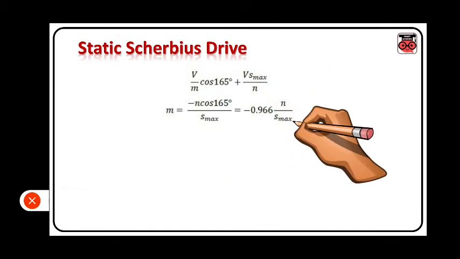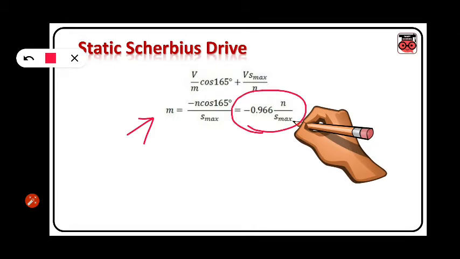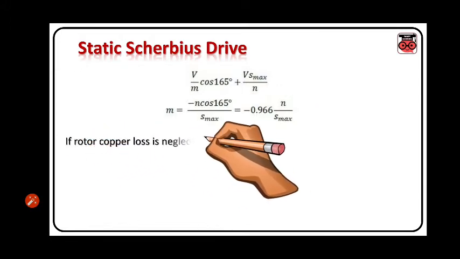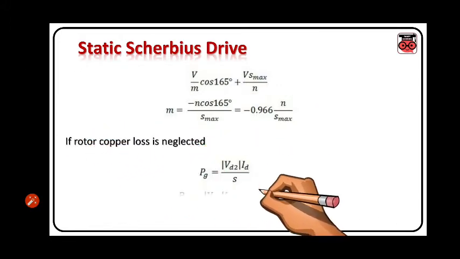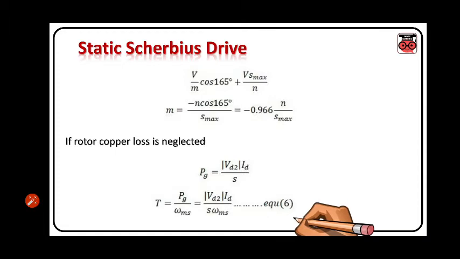So from the previous diagram, M equals finally minus 0.966 N upon S max. If rotor copper loss is neglected, then Pg, the air gap power, equals Vd2 into Id upon S, and the equation of torque, T equals Pg upon wms.